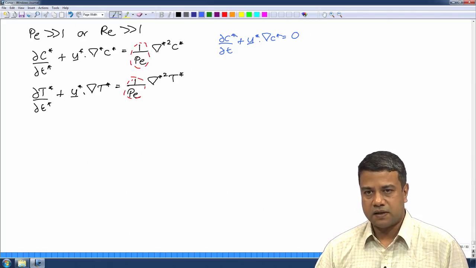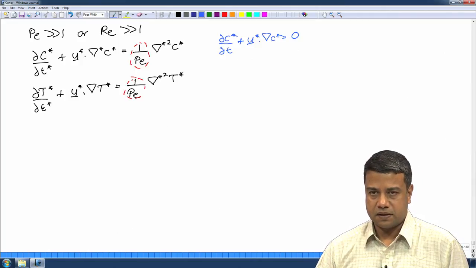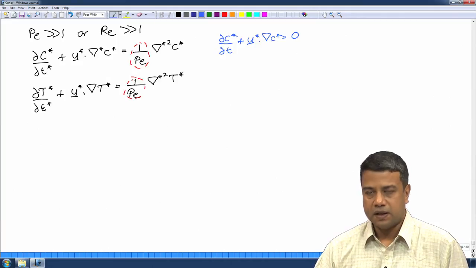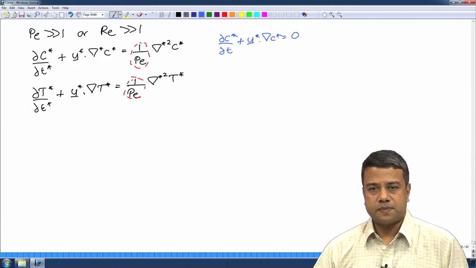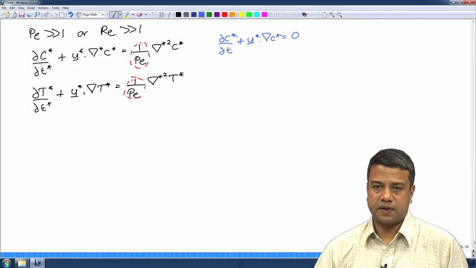The highest derivative is in the diffusion term. Therefore, the original equation was a second order differential equation in each of the spatial coordinates. That means that to completely specify the original problem, you need two boundary conditions in each spatial coordinate.